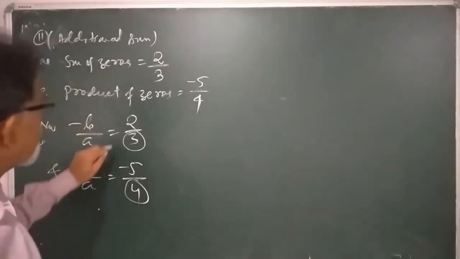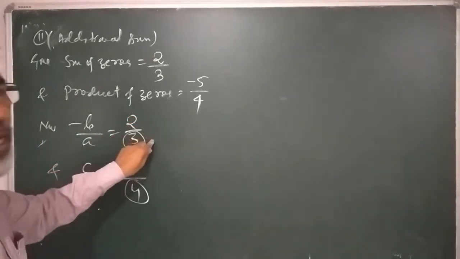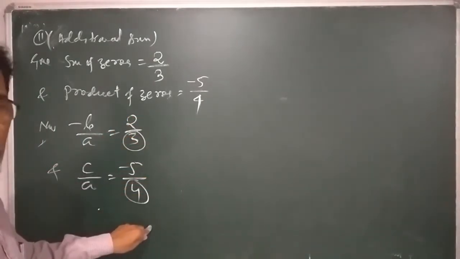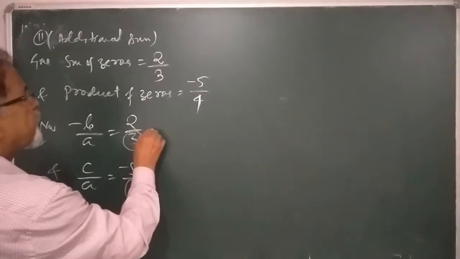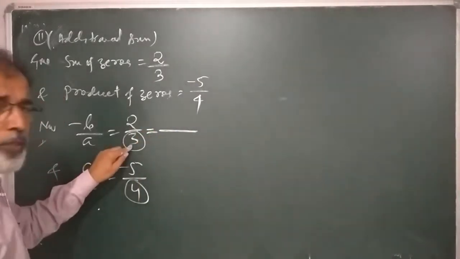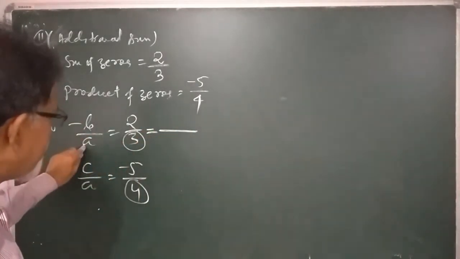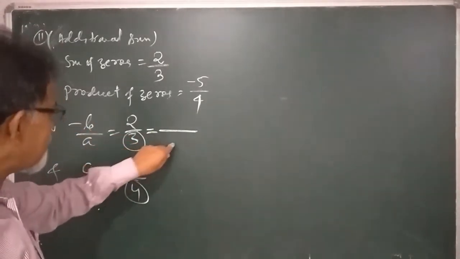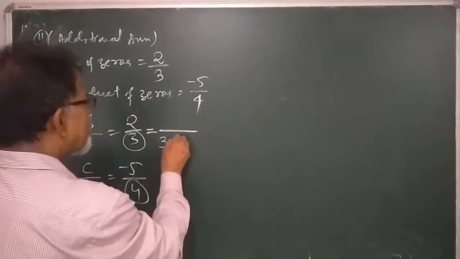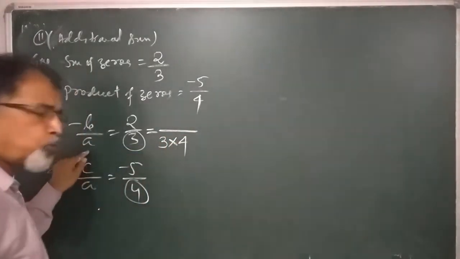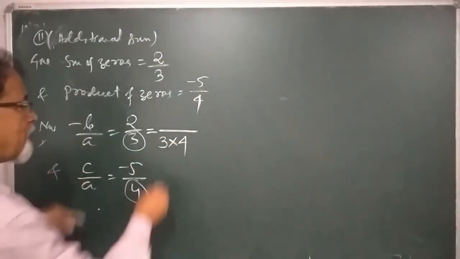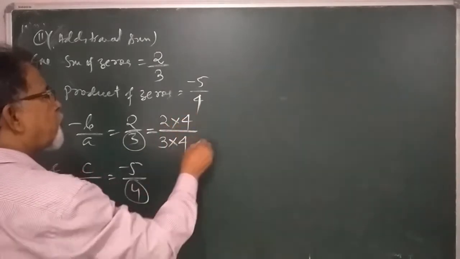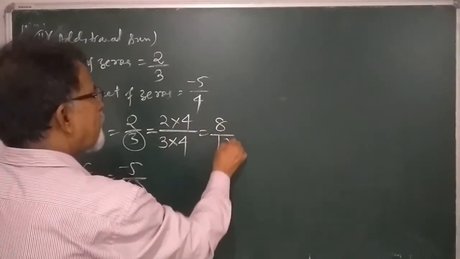That's why we will have to write here something by 12 and here also something by 12. I am going to write minus b by a and something by 12. To write here 12 we will multiply 4 to the denominator. At the same time 2 will be multiplied by 4, that is 8 by 12.